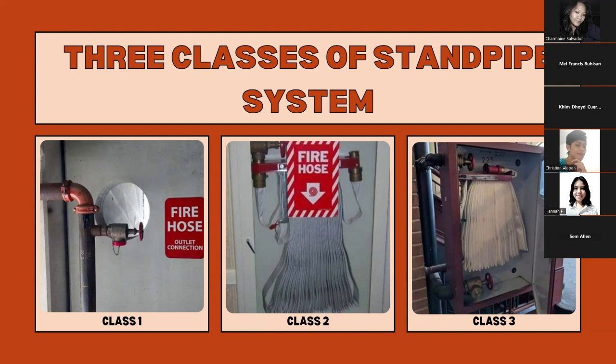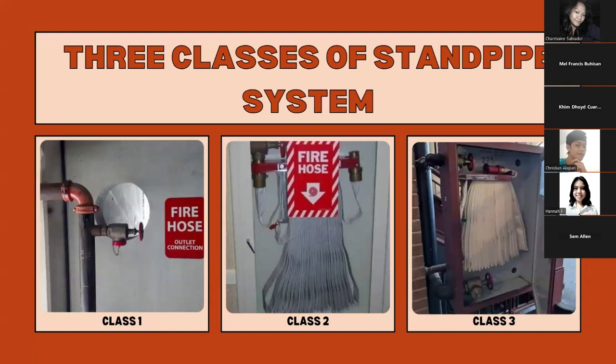So next I'll discuss the three classes of standpipe system. First is the class 1 standpipe system. The class 1 standpipe system is designed for use by professional firefighters only.